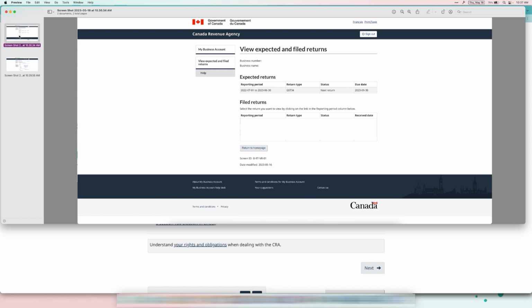Click that, and it should take you to a screen like this, and then you see the reporting period as well as the due date. So the best thing to do is always log in to your CRA My Business account to double check your due dates with the CRA. You can't get this wrong because this is officially in your CRA My Business account.